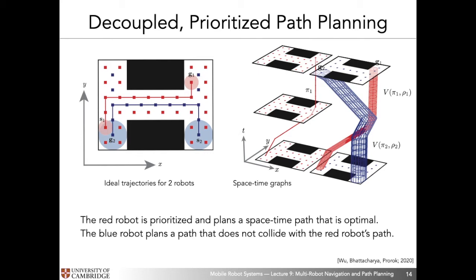So if you look at the graph on the right-hand side, you can clearly see which robot is the robot that is moving from the get-go, right? That's the red robot, because in time, its trajectory doesn't stay over the same XY position. Whereas the blue robot stays static until a given time and only then starts moving.